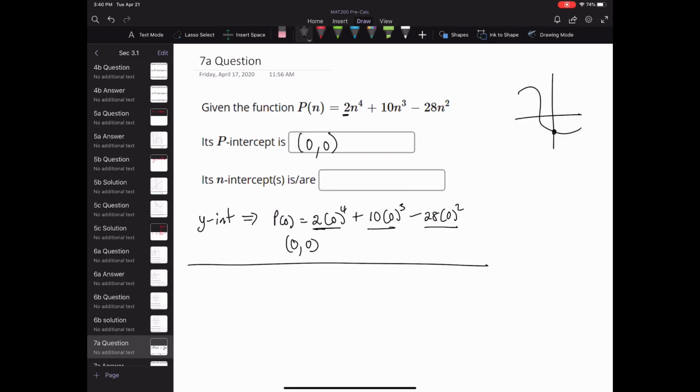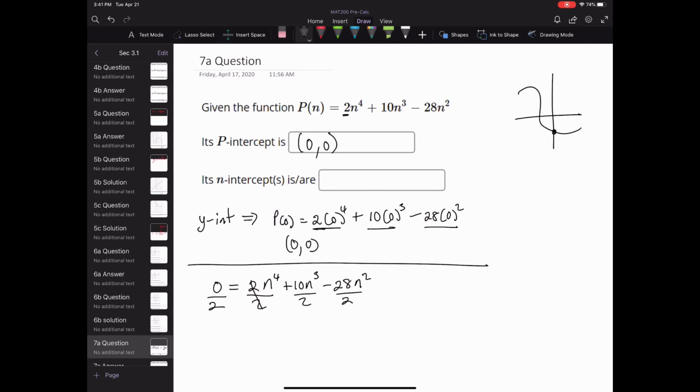The n-intercepts, remember, are just the x-intercepts. That happens when y is 0. So let's set y equal to 0 and solve: 2n to the 4th plus 10n to the 3rd minus 28n squared. What I'm going to do is divide everything by 2, including this side, 0.